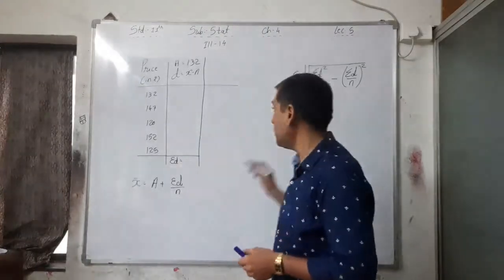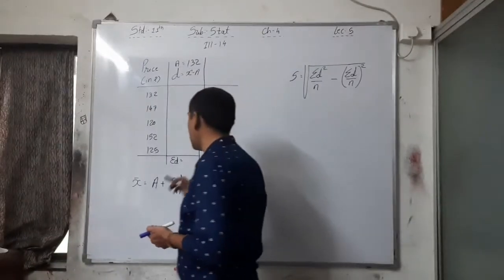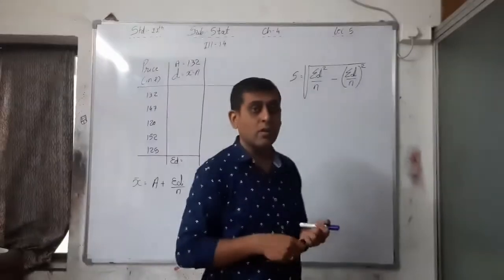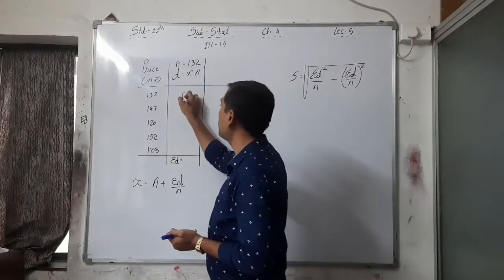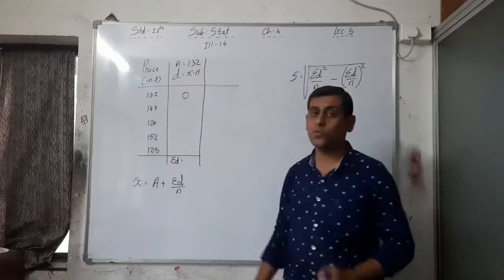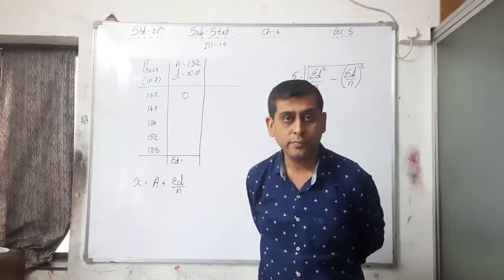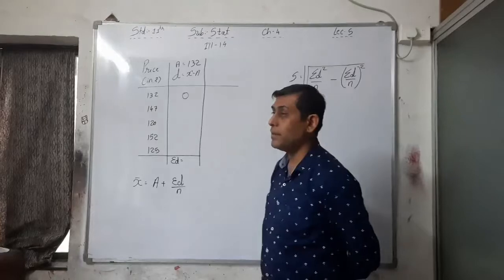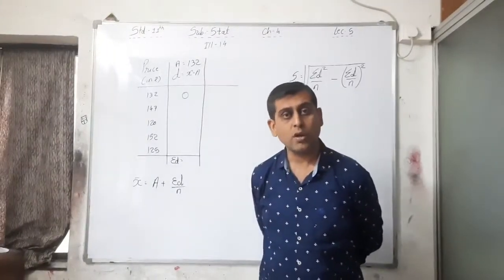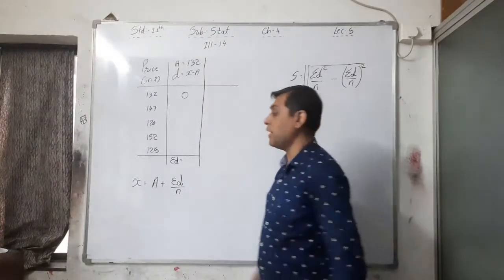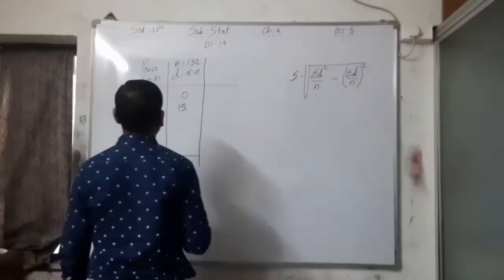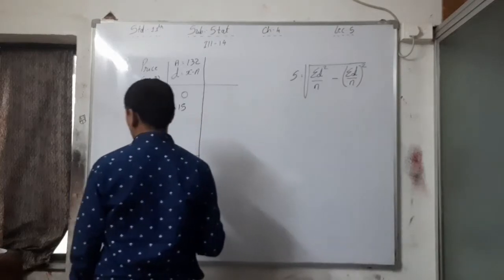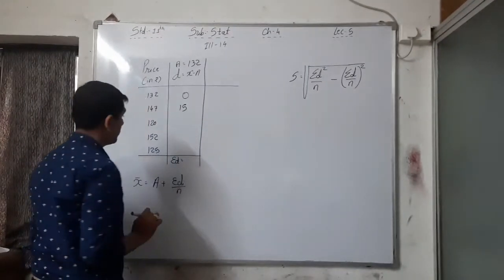Okay, now see what the answer is. Find out sigma d first by yourself in your calculator. 132 minus 132, what is your answer? That is 0. Now 147 minus 132. What is your answer? 15. Yes. Now 120 minus 132.